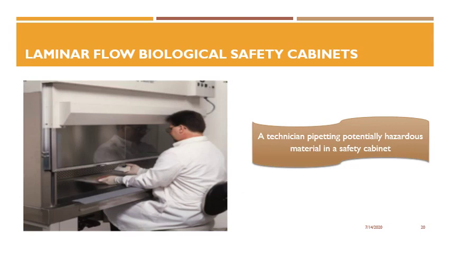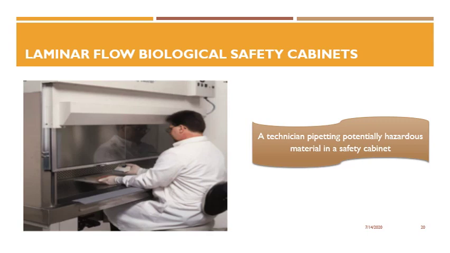Laminar flow biological safety cabinets or hoods force air through the HEPA filters, then project a vertical curtain of sterile air across the cabinet opening. Here is the cabinet opening. This protects a worker from the microorganisms being handled within the cabinet and prevents the contamination of the room.